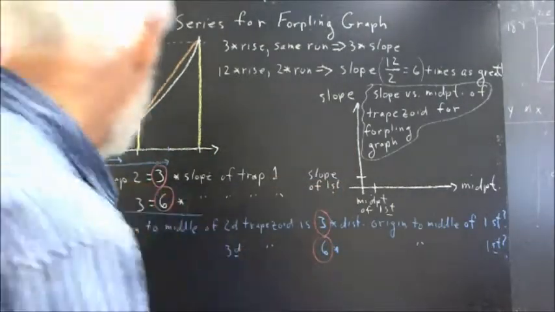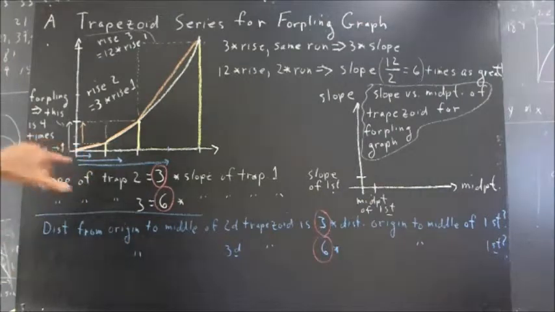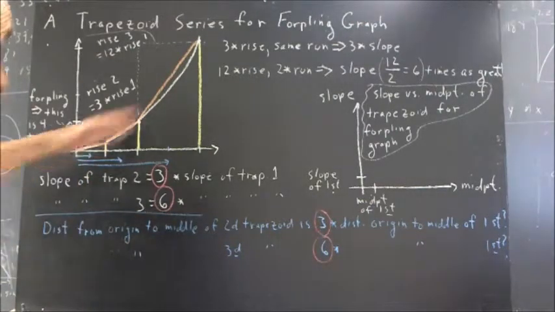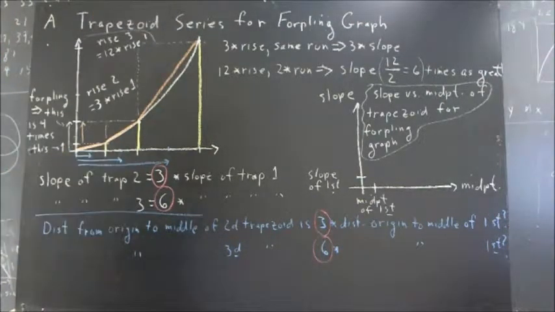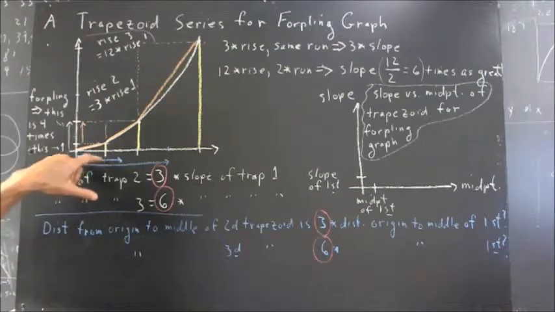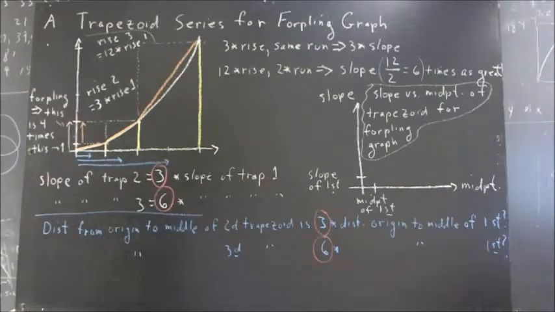Now, we don't know what the slope is, and we don't know what the coordinate of the midpoint is, because this graph is completely unlabeled. We just know these things as multiples of quantities that relate to the first trapezoid.